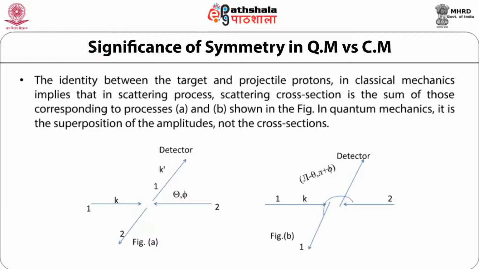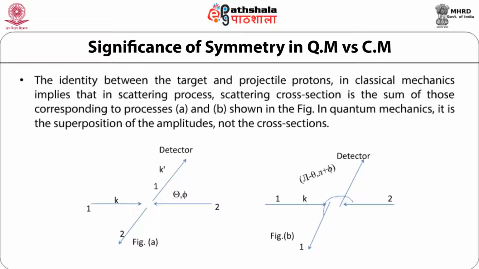Now in figure 2 we can explain this another way, that proton 2 and proton 1 act either as target or projectile and get scattered. In this case, proton 1 having initial wave vector k gets scattered with the wave vector k prime, while proton 2 gets scattered in the other direction towards the detector.